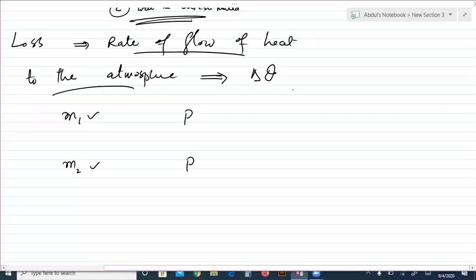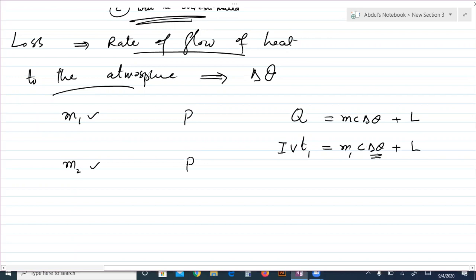So according to the formula, Q is equal to m c delta theta, which is absorbed, plus lost L. Initially, for the first material, the energy supplied is I V T1 equals M1 c delta theta plus L. When we keep the change in temperature constant, then the same amount of energy is lost every time. Next time, we will use the same metal of different mass.